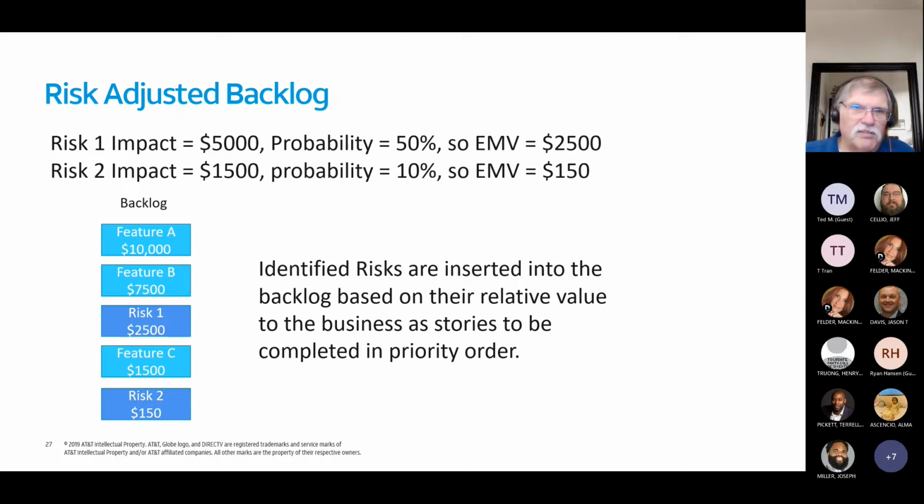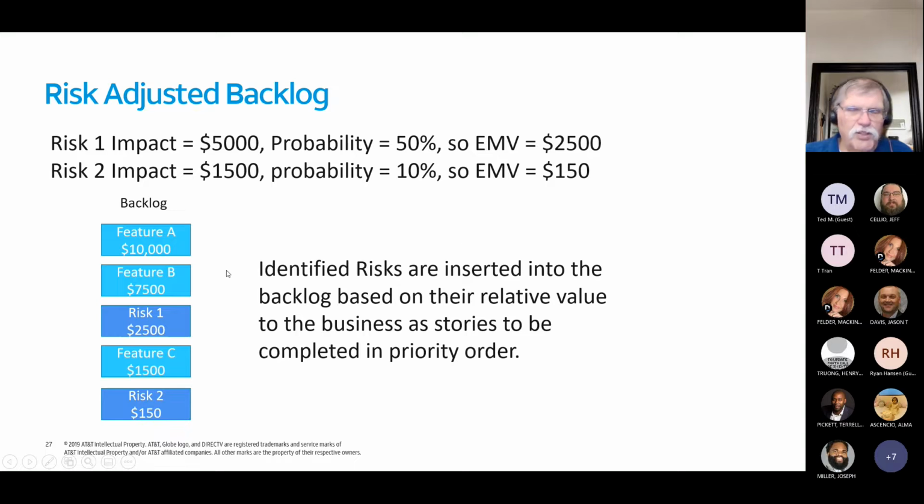And the way we calculated the impact is impact times probability, so that 50% of 5,000 is 2,500, 10% of 1,500 being 150. So the estimated value is 2,500 for the first risk, 150 for the second.